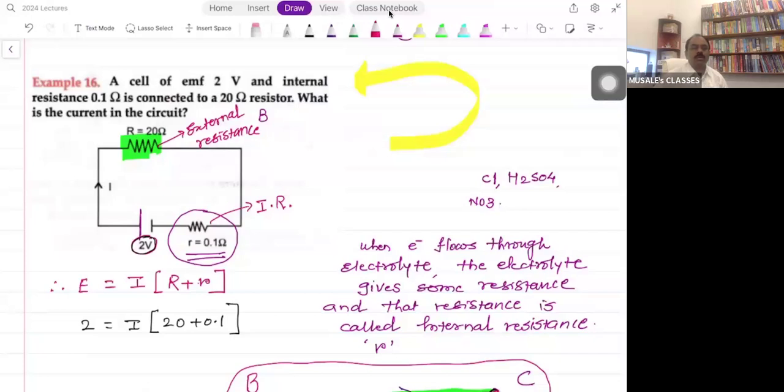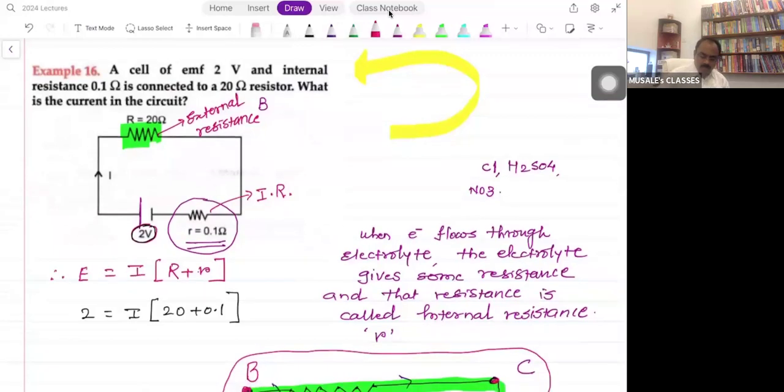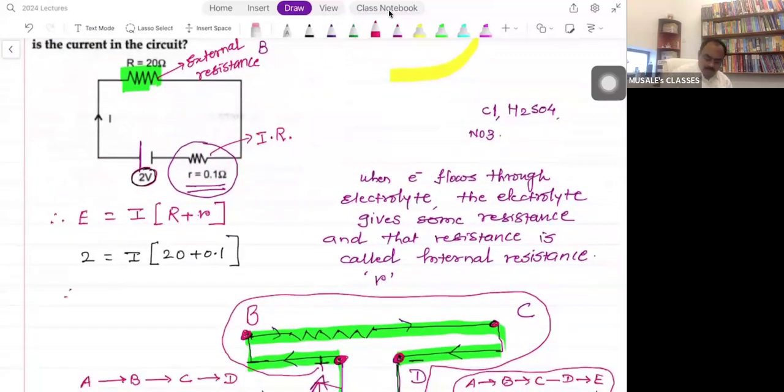What is the current in this circuit? So now you calculate that. So therefore I is equal to 2 upon 20.1. You need not calculate that.